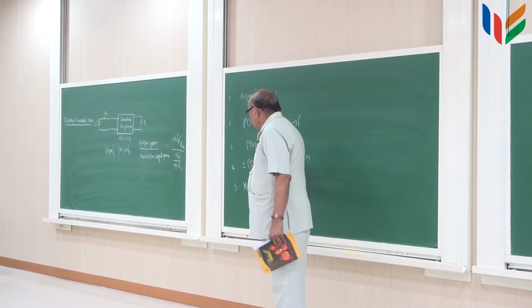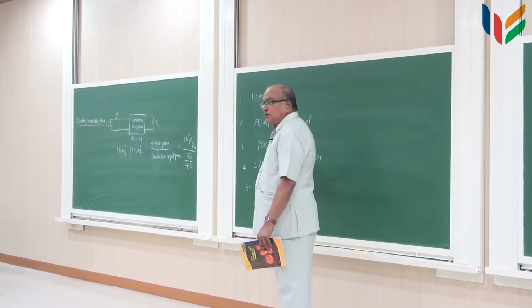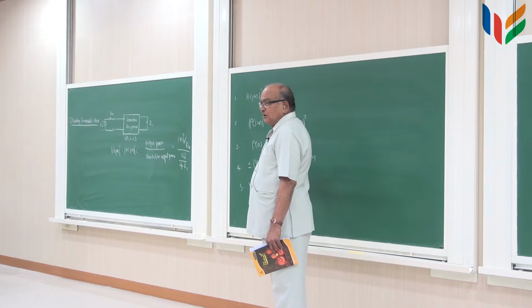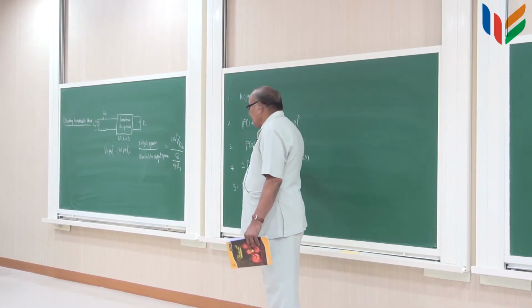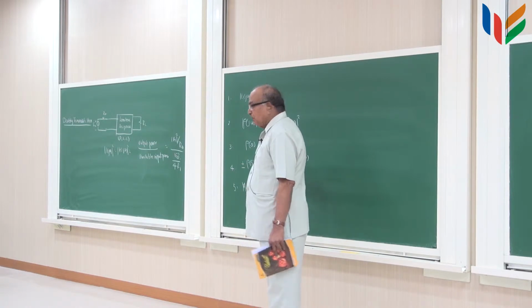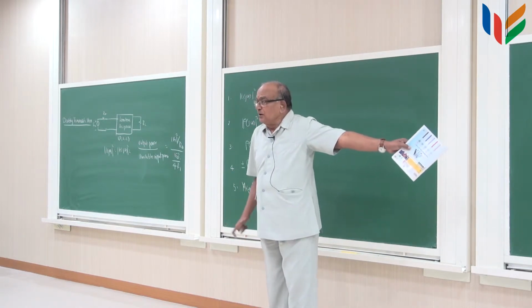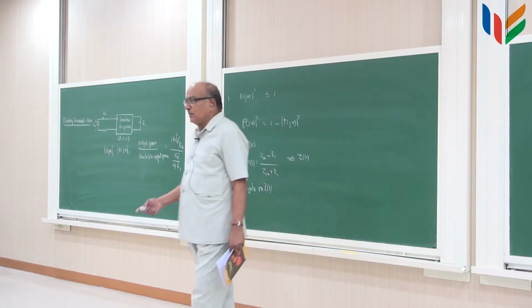If you take it as a plus rho of S, you can find out what is that from this expression. R1 is equal to 1 ohm. So put 1 here. So Z minus 1 divided by Z plus 1 is equal to that polynomial. From there you can find out what is ZFS.